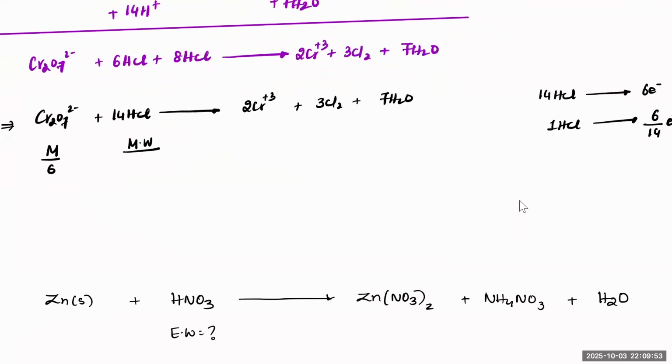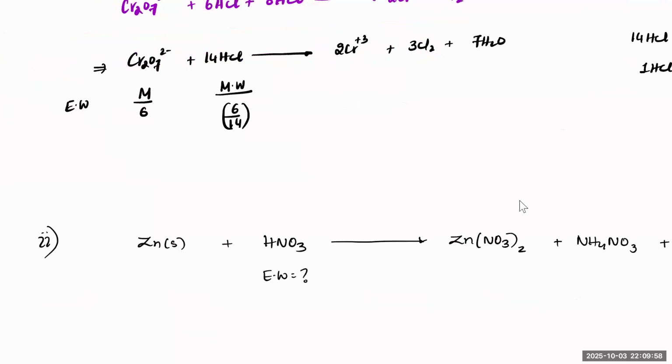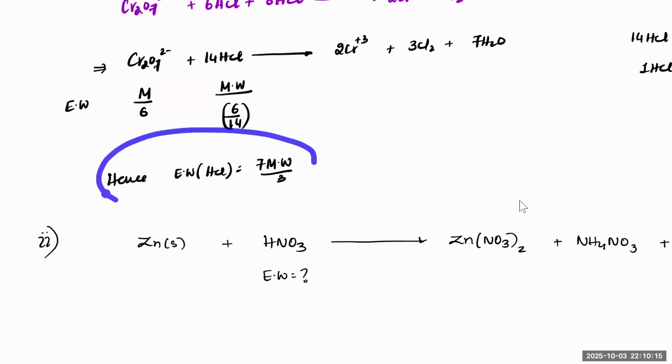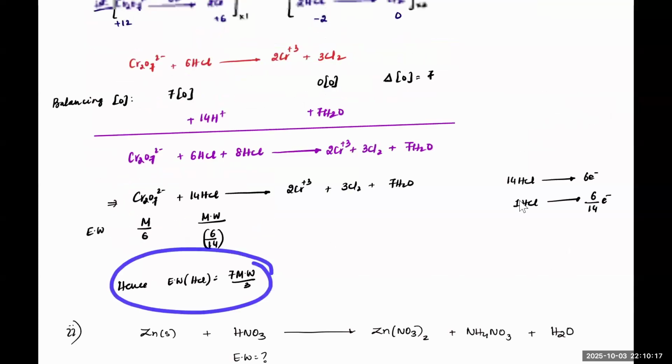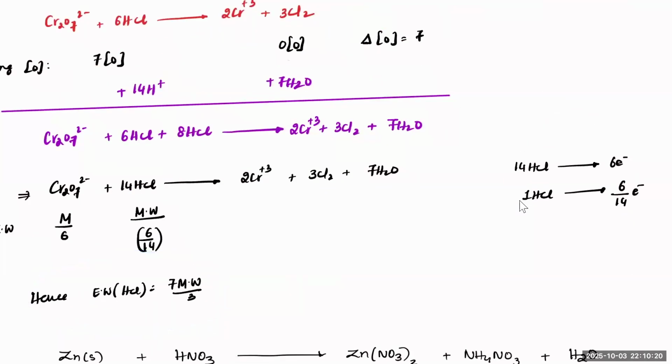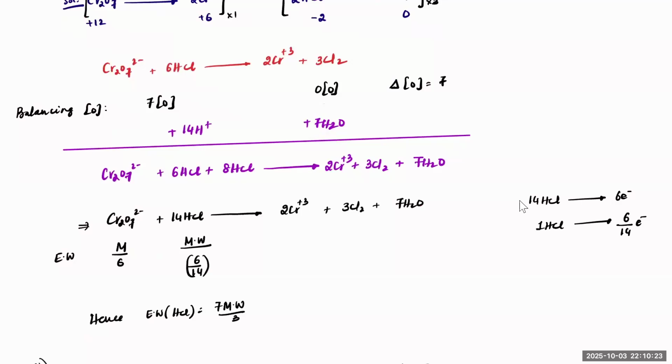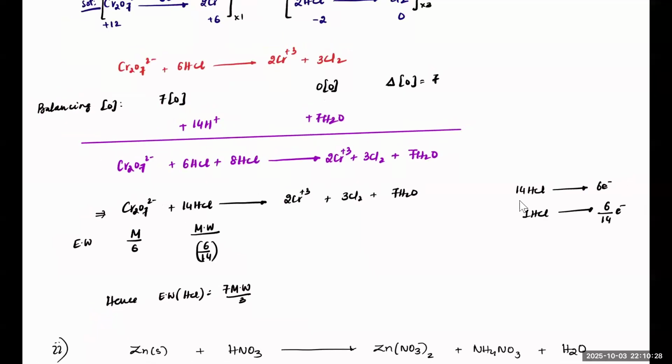So this is molecular weight by 6 by 14. Hence the equivalent weight of HCl in this case will be equal to, this will go 3 times and 7 times, so 7 molecular weight by 3. So this would become the equivalent weight of HCl. Please do check. If the valency factor is asked, it will be 6 by 14 or 3 by 7.